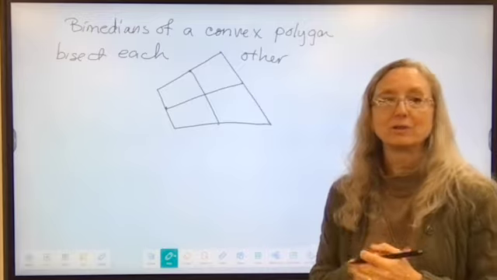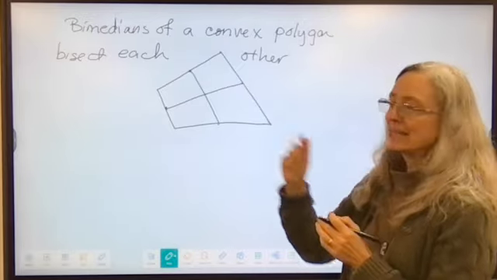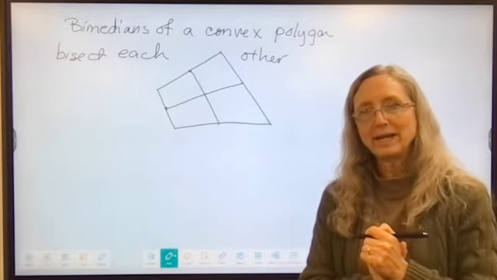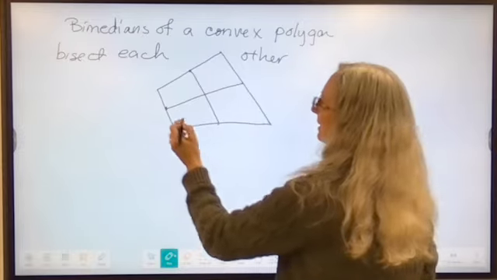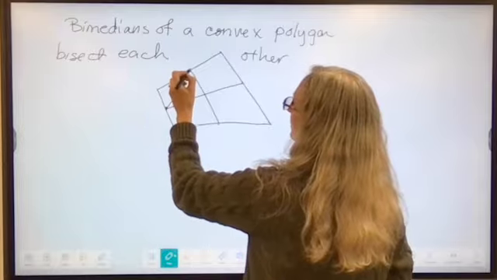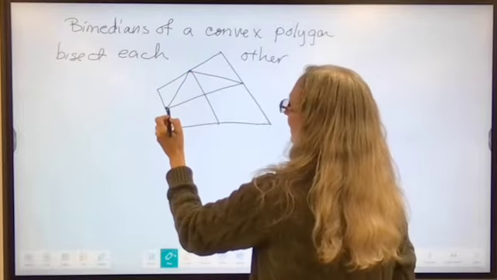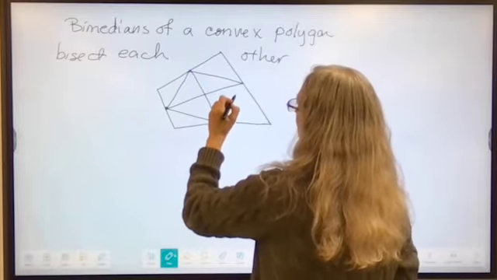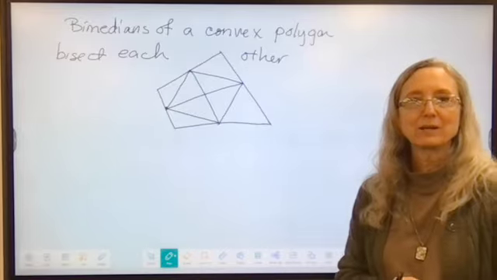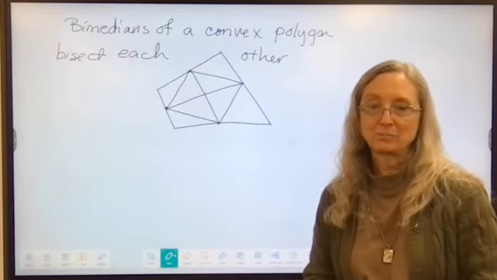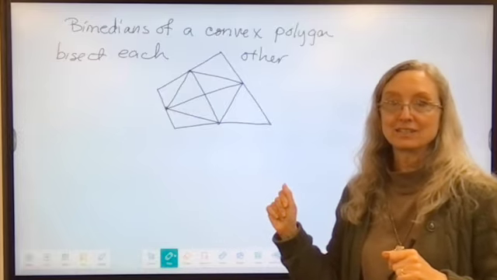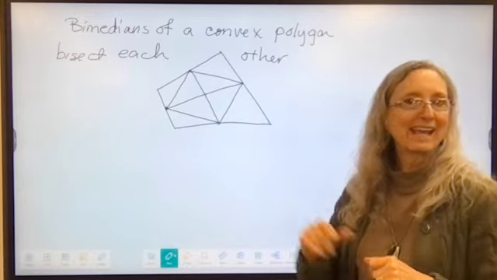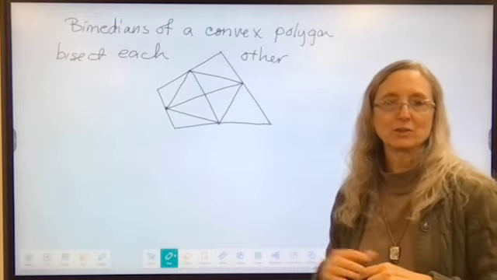Well, I want to show you. If these diagonals bisect each other, then what happens if I connect all those midpoints? So if I connect these two, and these two, and this, what kind of shape have I just created automatically? Because those bimedians bisect each other, those are the diagonals of this quadrilateral.